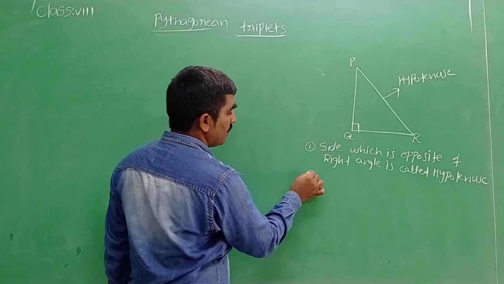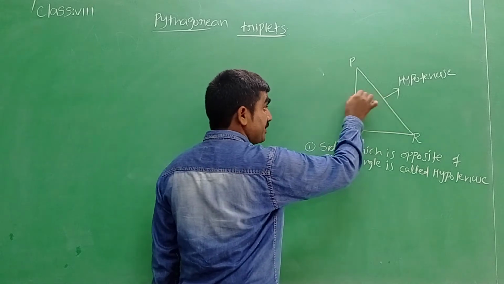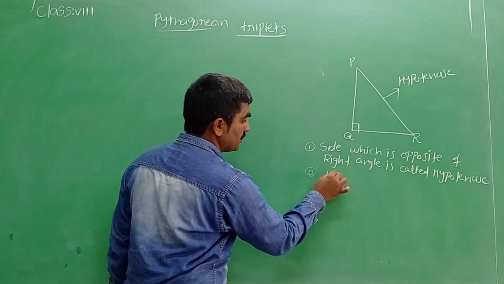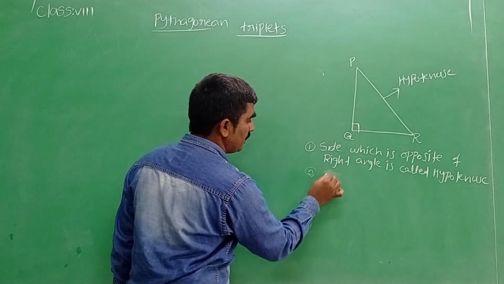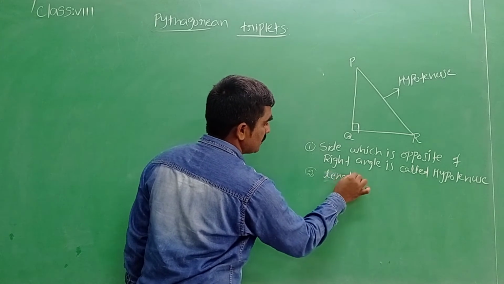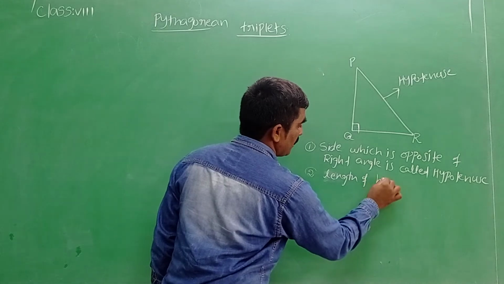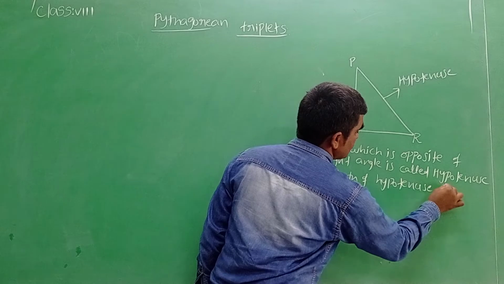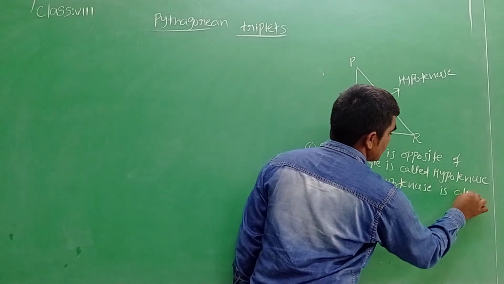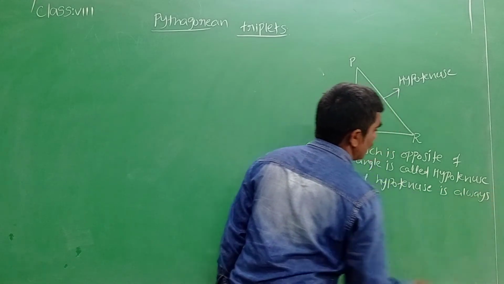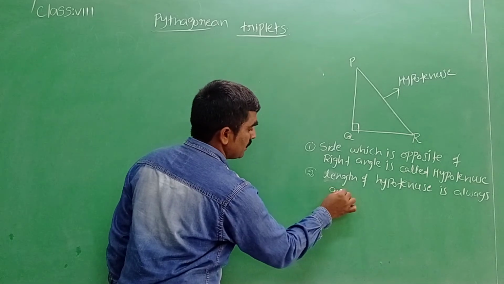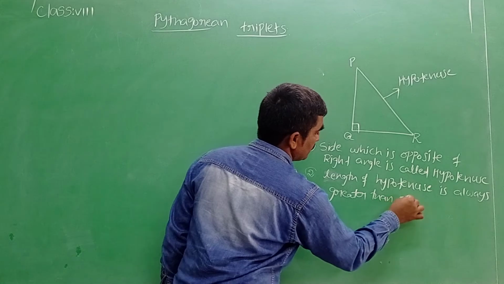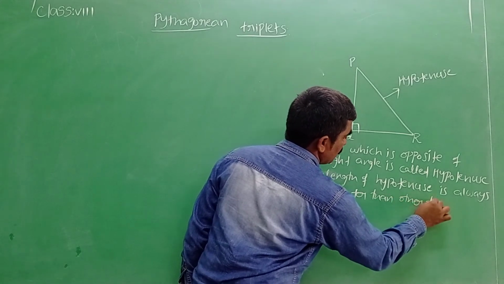Also keep in mind the length of the hypotenuse is always greater than the other two sides, PQ and QR.